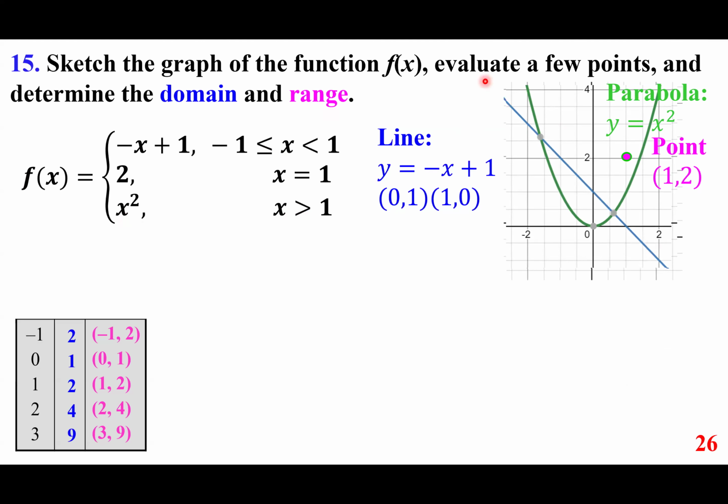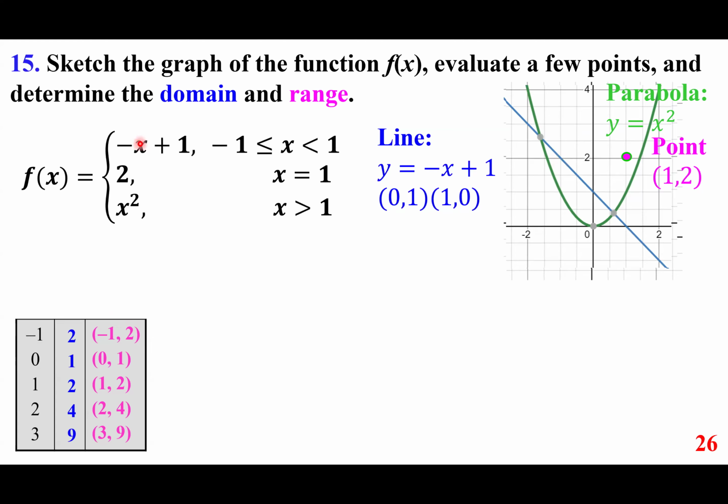So this line is good from -1 to 1. So -1, we already know it gives us 2. So if you go with -1, it should give you 2. So right here is good, and it goes all the way to 1.